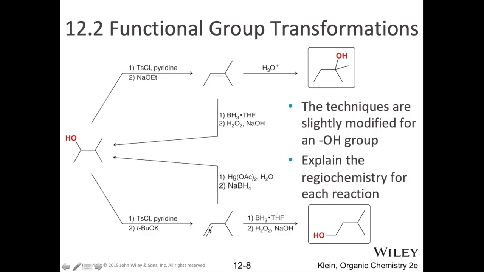But what you might not realize, by not paying attention to the mechanism, is that that goes through a carbocation intermediate, and the secondary carbocation that you have here would do a hydride shift and become a tertiary carbocation, which would then give you this product over here. And that would not go to this product. So instead, a better way would be to do an oxymercuration-demercuration. That guarantees the Markovnikov product without any rearrangements.